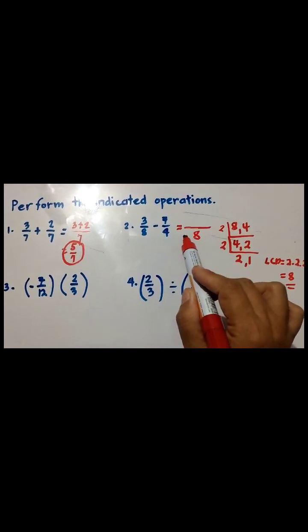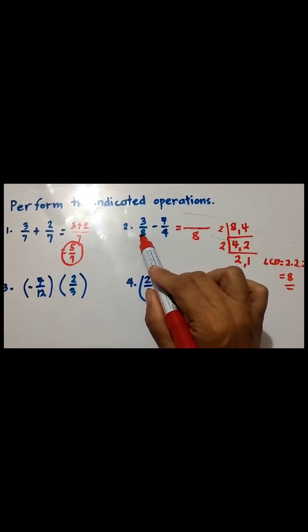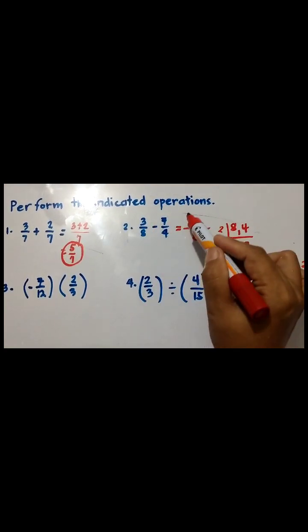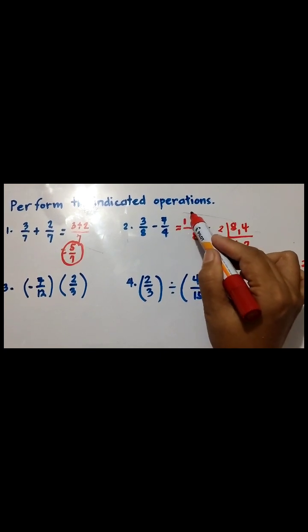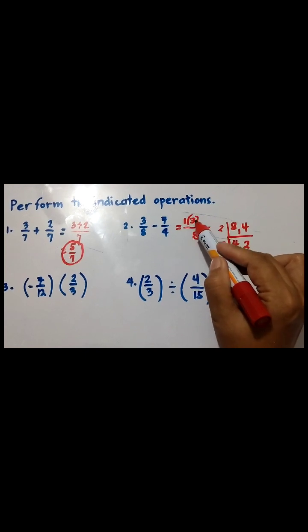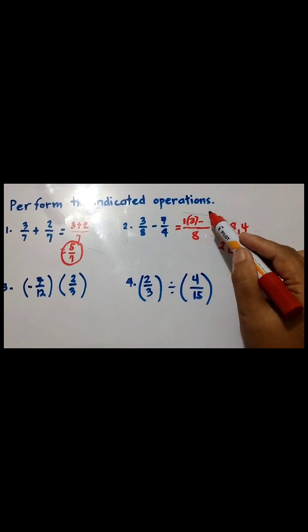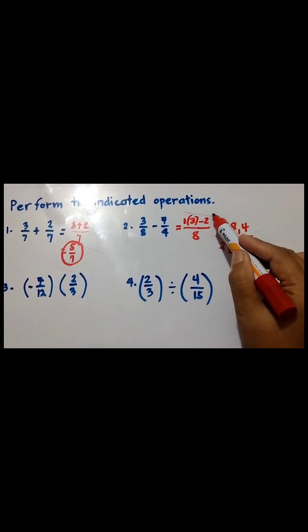So let's start. 8 divided by 8, that is 1, times the numerator 3, minus 8 divided by 4, 2, times 7.